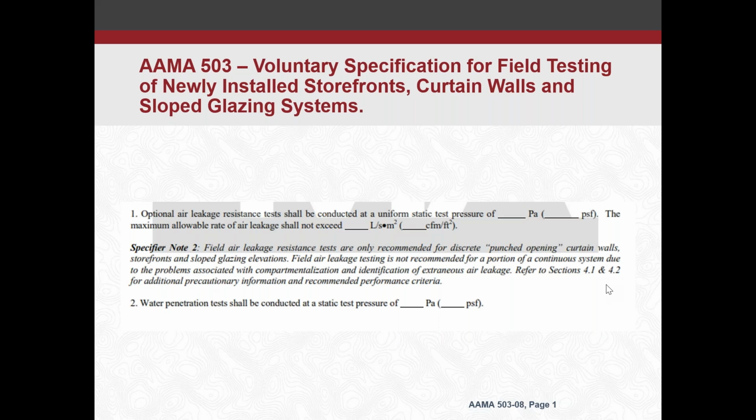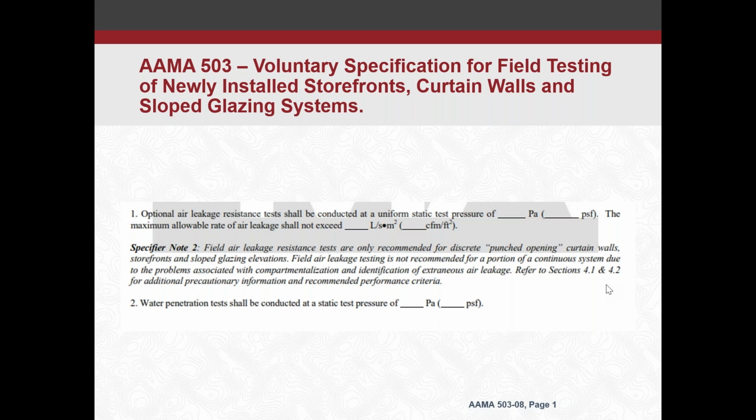Again, the static test pressure is going to be based on the actual performance requirements of that unit. The maximum allowable air leakage rate would be, again, just like 502, 1.5 times the leakage rate that the unit would have been rated for.